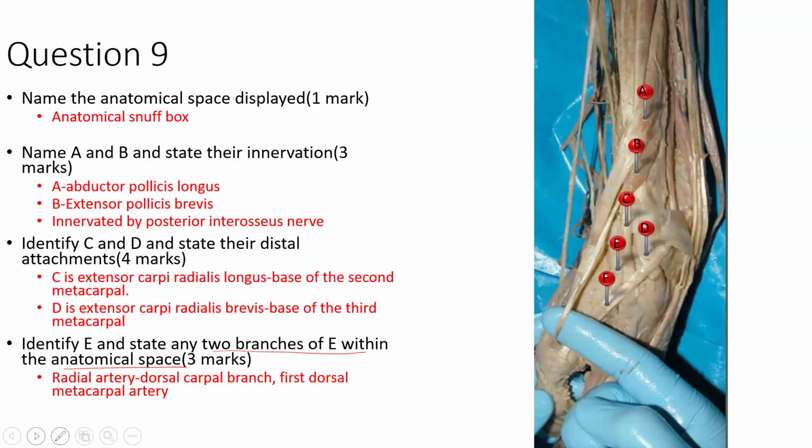Radialis indicis and princeps pollicis are given when the artery is no longer within the confines of the snuff box, higher up.